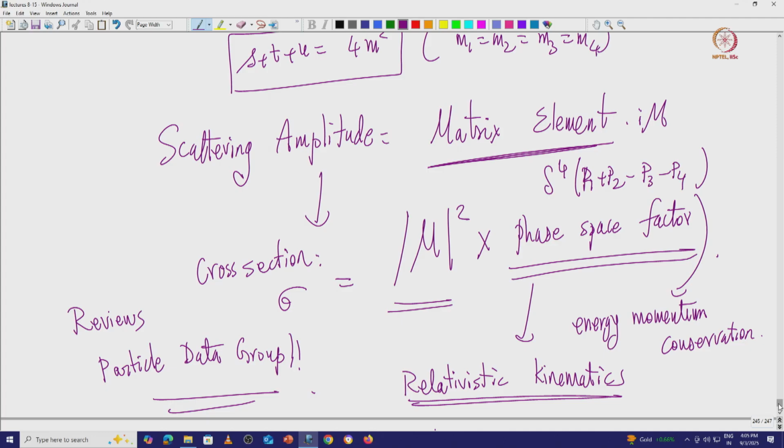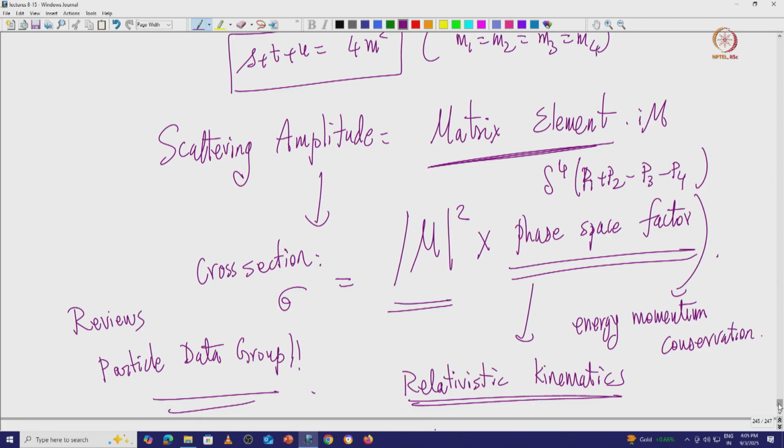The phase space integrals for 2 to 2 processes are simple. For decays, 1 to 2 and 1 to 3 are easy to solve, and from 1 to 3 onwards they are slightly difficult to solve.